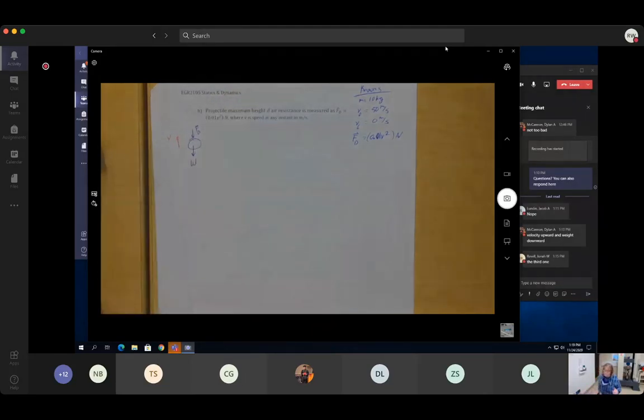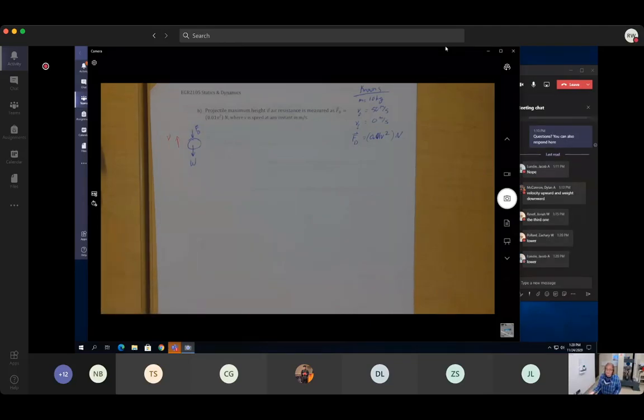Okay, so drag, like friction, is going to oppose motion. And so we've actually got two forces that are going to be working together to slow down our projectile. So do we think we're going to go higher or lower with drag? Okay, so we're expecting our height to be lower. Good.